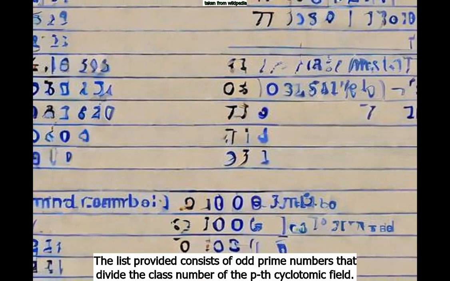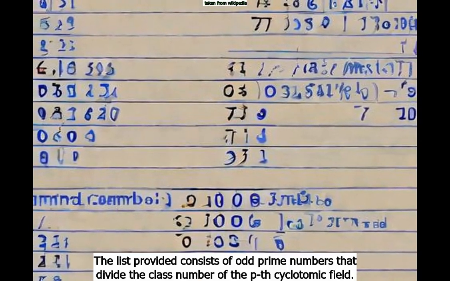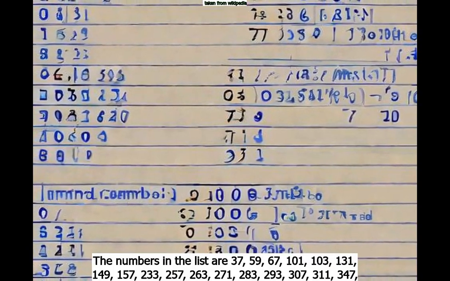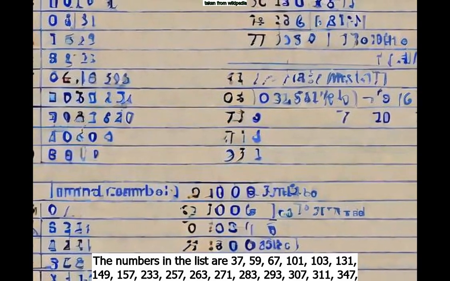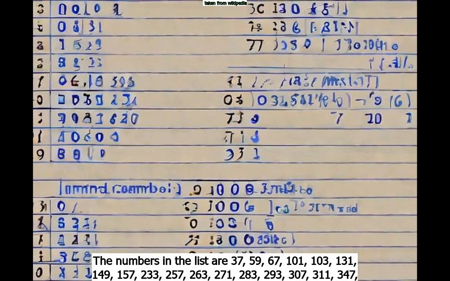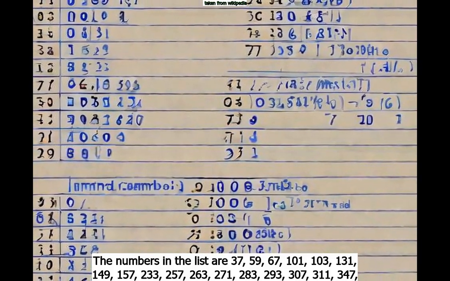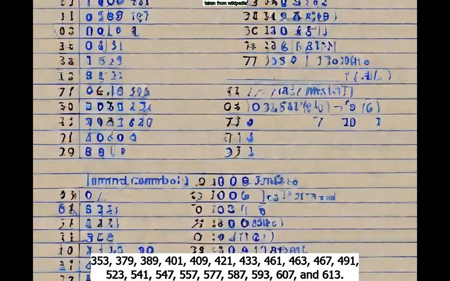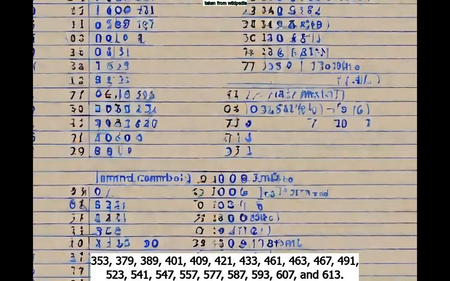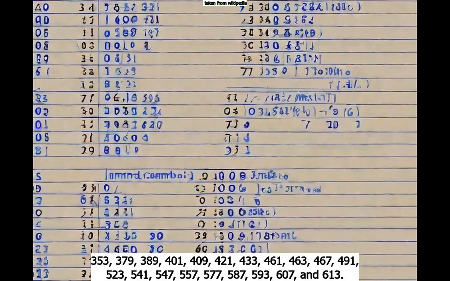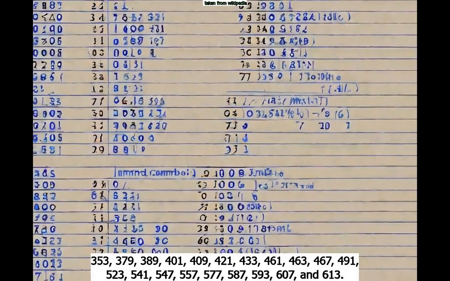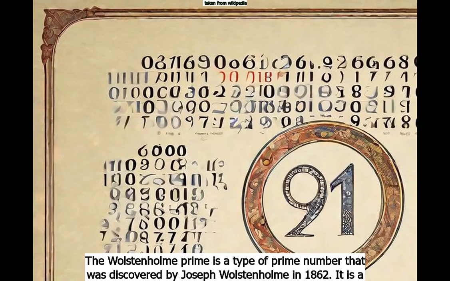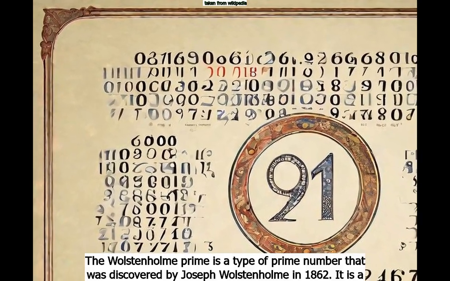The numbers in the list are 37, 59, 67, 101, 103, 131, 149, 157, 233, 257, 263, 271, 283, 293, 307, 311, 347, 353, 379, 389, 401, 409, 421, 433, 461, 463, 467, 491, 523, 541, 547, 557, 577, 587, 593, 607, and 613.